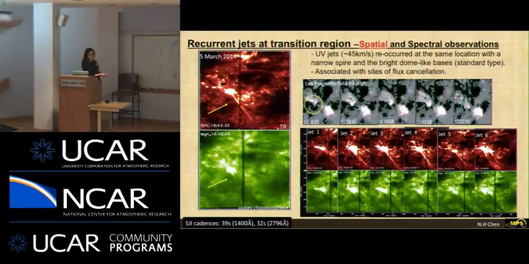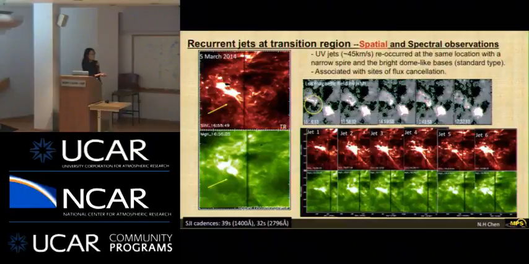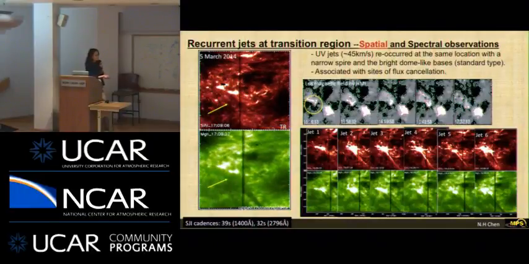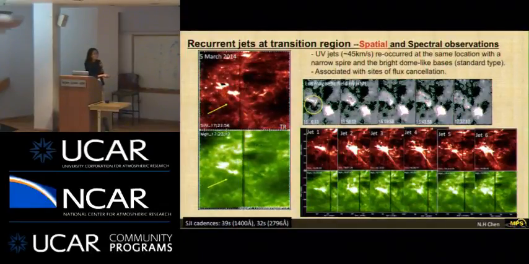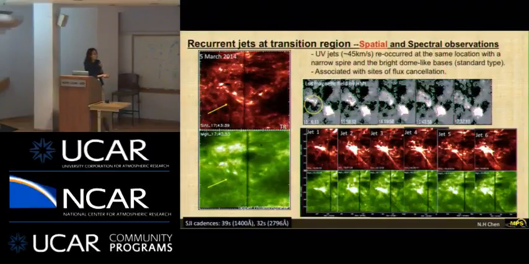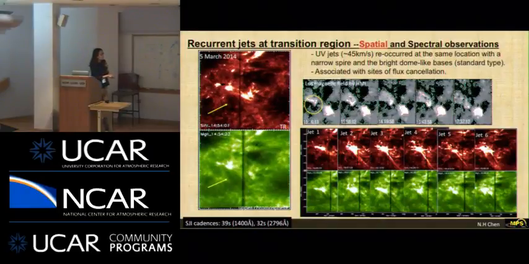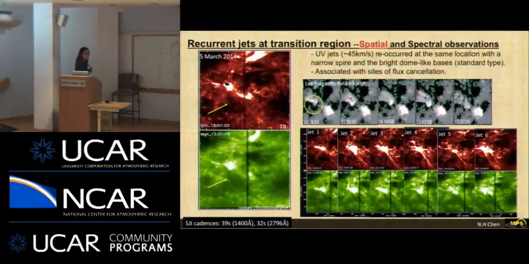Usually you see the bright point very clearly, as we saw in AIA 1600. One different thing I will show you is that except for the bright point, we also see some dark elongation that is co-spatial with what we saw in the silicon 4 line. So this basically gives you an idea of what happened in this recurrent jet.